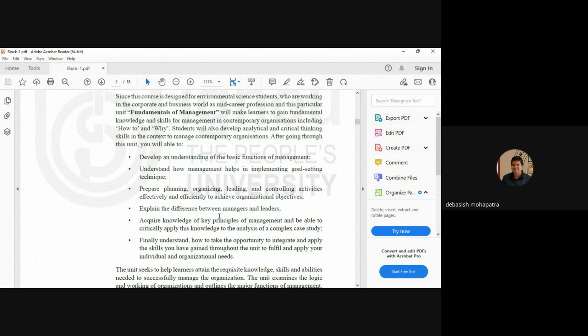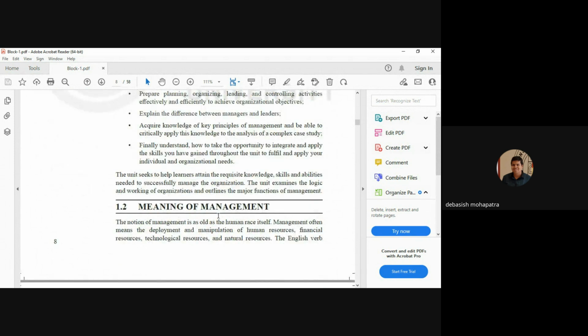Then explain the difference between managers and leaders, then acquiring knowledge of key principles of management and being able to critically apply this knowledge to the analysis of complex case studies, and finally understanding how to take the opportunity to integrate and apply the skills we have gained in the field to fulfill our individual and organizational needs.